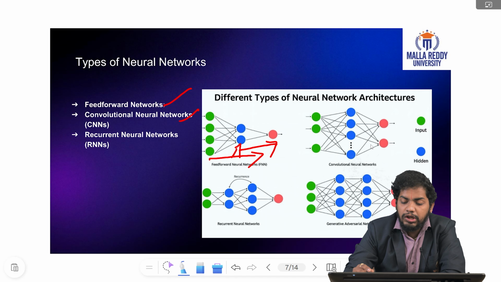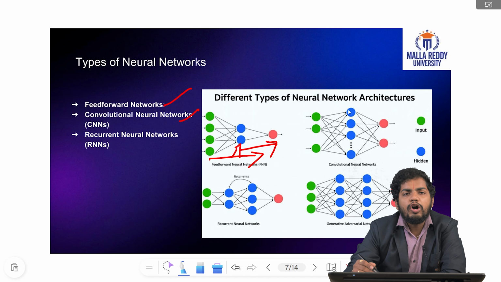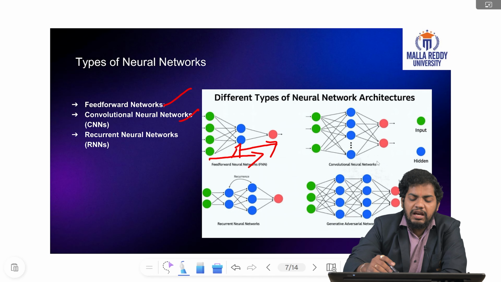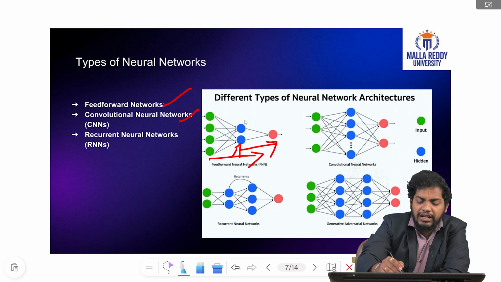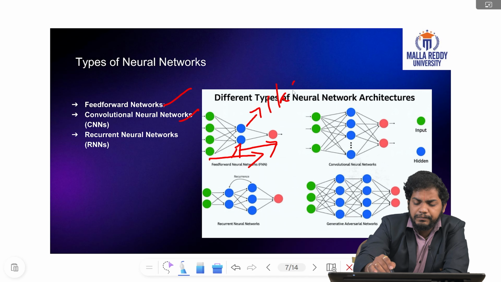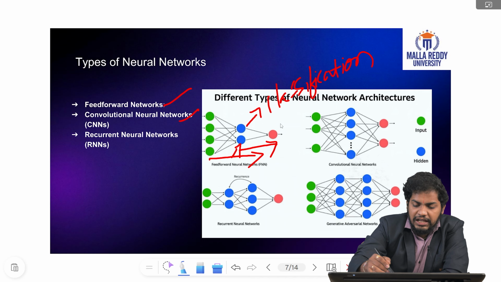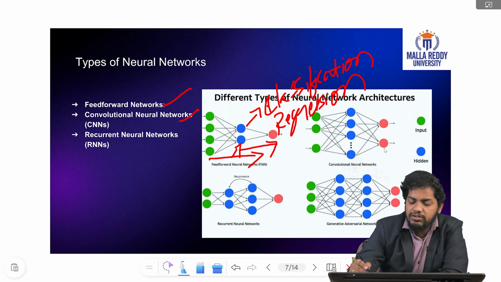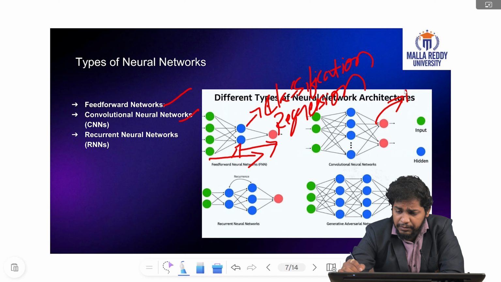Feed forward networks are used for mathematical operations like classification or regression, whereas these CNNs will perform operations over images and videos.